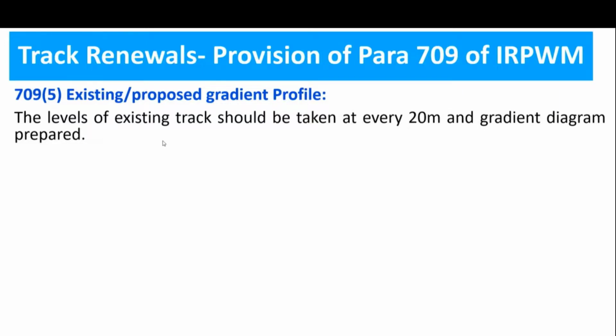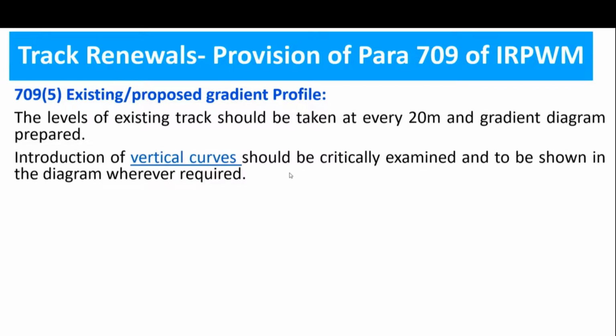It is required that every 20 meter we take the levels for plotting the gradient diagram for the proposed profile. Then wherever necessary, we are required to introduce the vertical curves.